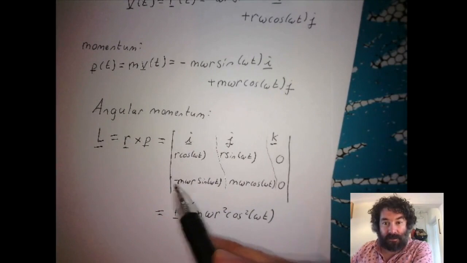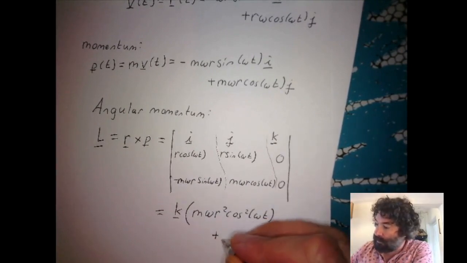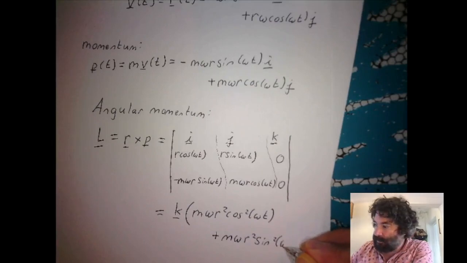There's a minus sign here, so the other minus cancels out with that minus sign, and we have plus m omega r squared sine squared omega t.